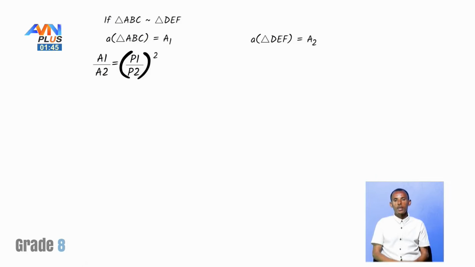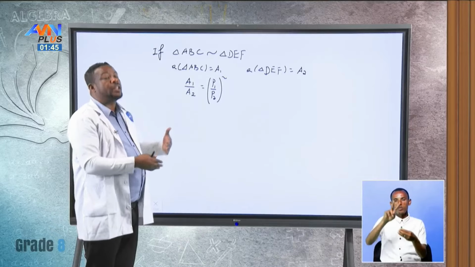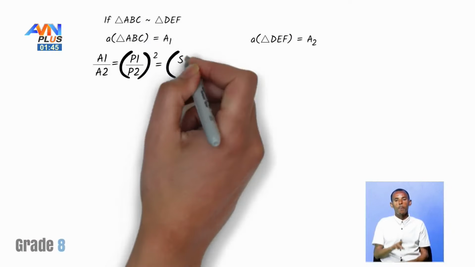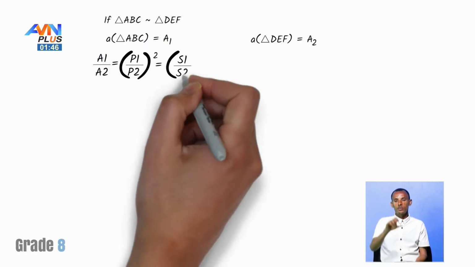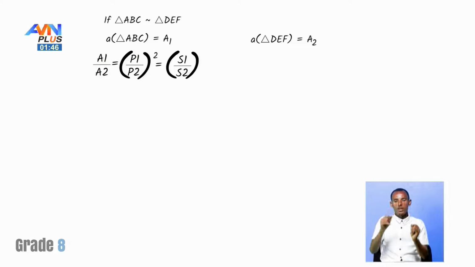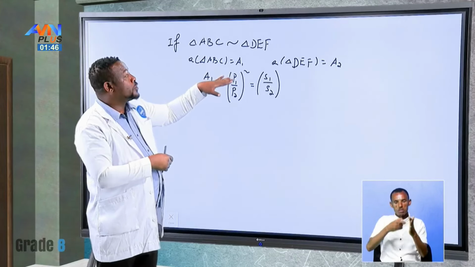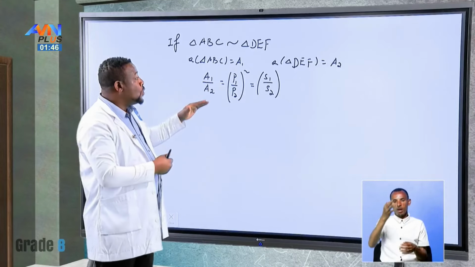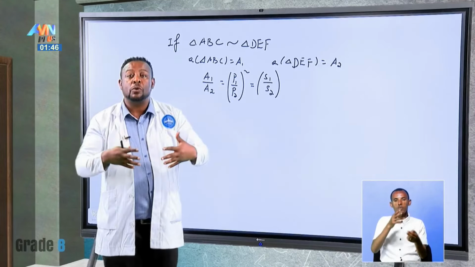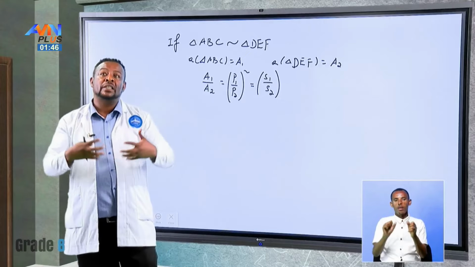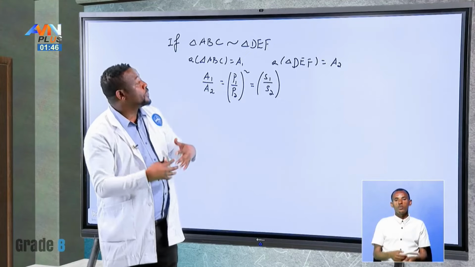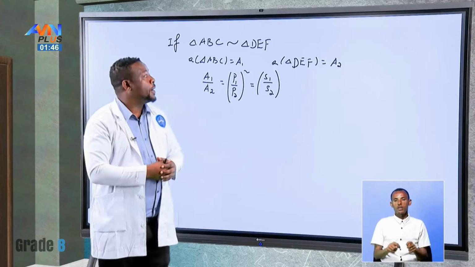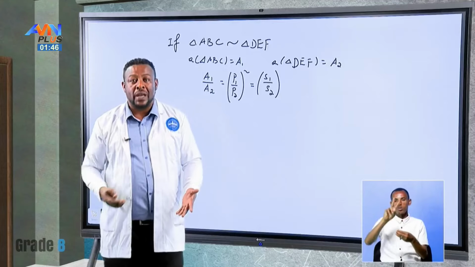Since the ratio of the perimeters and the ratio of the corresponding sides of two similar triangles are the same, we can write S1 by S2 the whole square, where S1 is one of the sides of triangle ABC and S2 is the corresponding side of triangle DEF. These relationships are very important for solving problems related to the ratio of areas and the ratio of perimeters of two similar triangles.